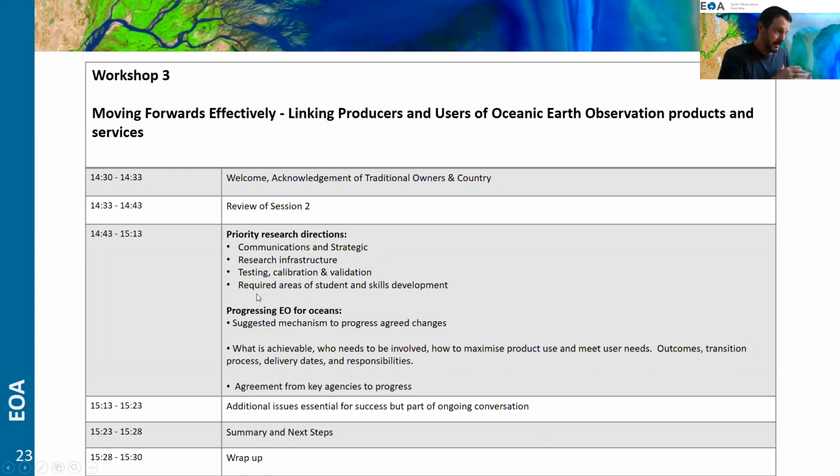I did want to spend 10 to 15 minutes roughly on each of those, just trying to get a sense of people's thoughts on what they thought would help the collective oceanic Earth observation communities in Australia be able to continue to collect and access appropriate information, be able to transform that into usable products and services, and then work with the groups that are using that, whether it's in government, industry, or defence, to make it part of their decision-making processes.